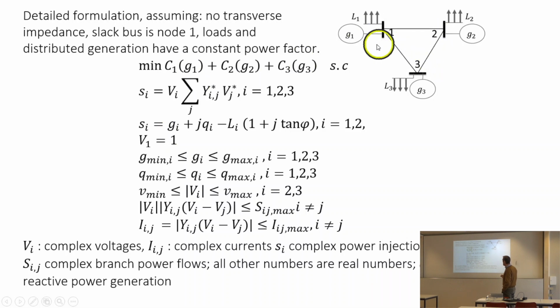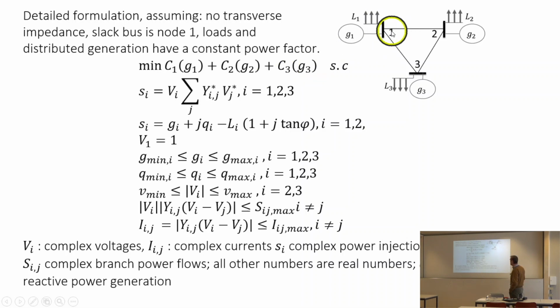Then I have the apparent power injected into every bus. So those are the nodal power. So S1 is the total power that is injected into node 1. So it is the sum of the power that is generated minus the load plus all the powers that is injected. That's the sum of G1 plus the load here.